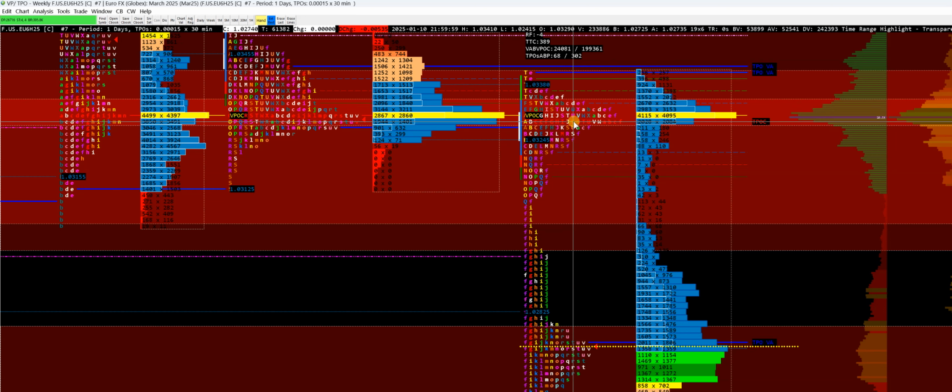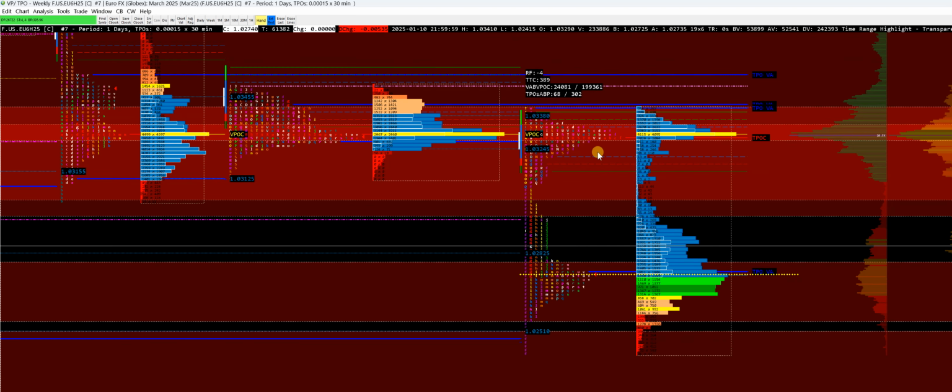The TPO, the market profile time point of control, where we spend the most time, is here. So this is indeed where we generated the most volume, exchanged the most contracts. But here's probably the second place where we spend time and where we generated volume.